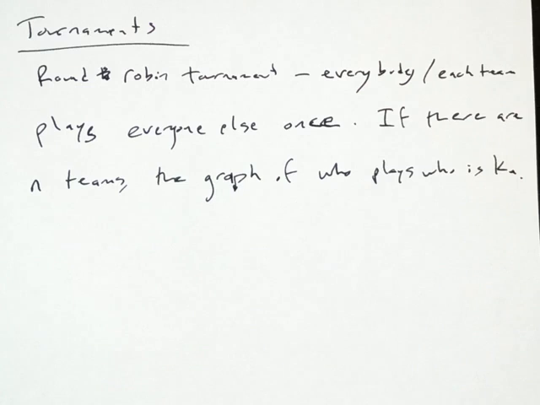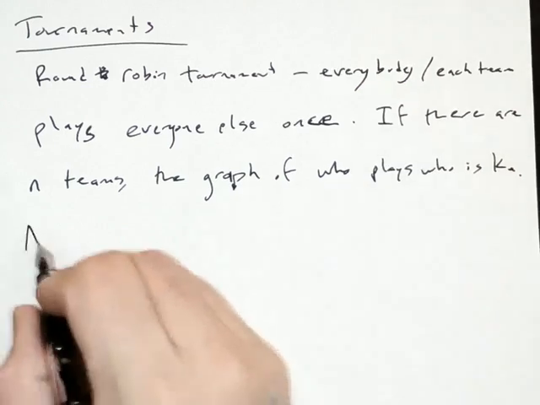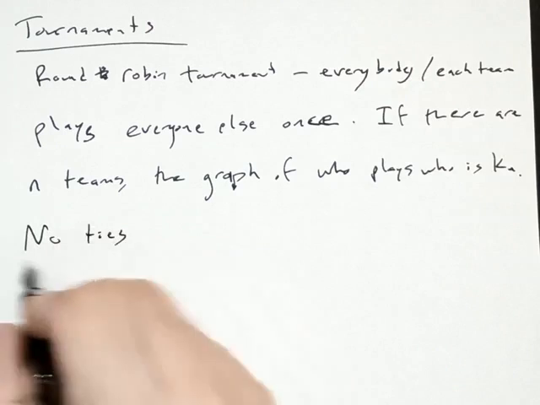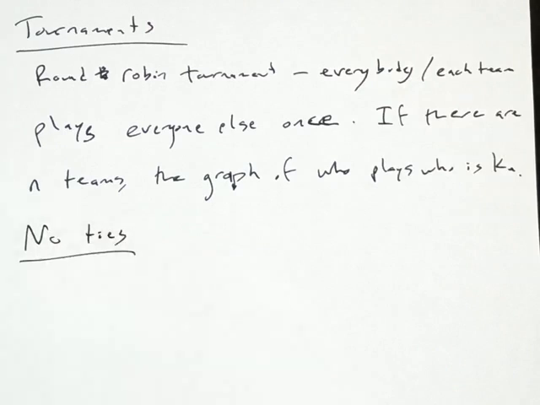No ties. In that case, I can describe the winning behavior as an orientation of K_n.